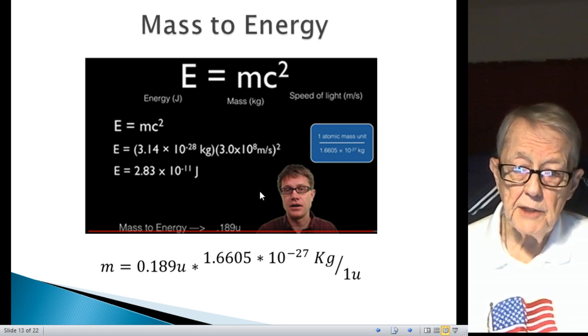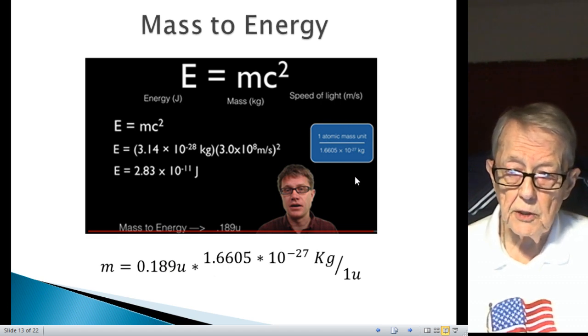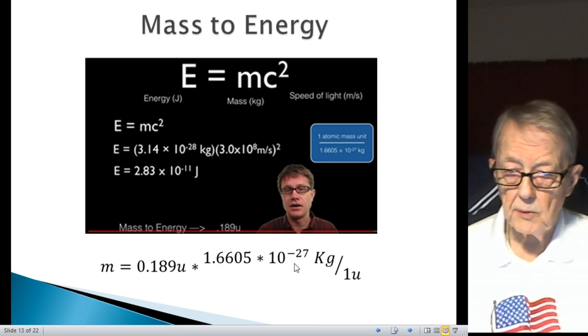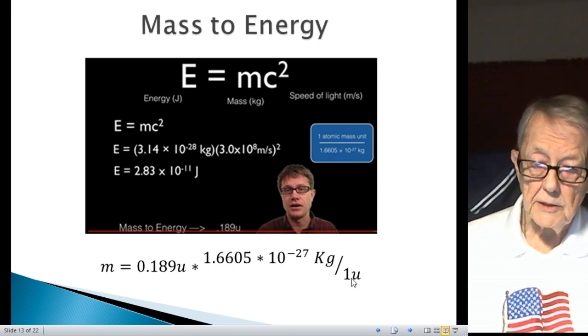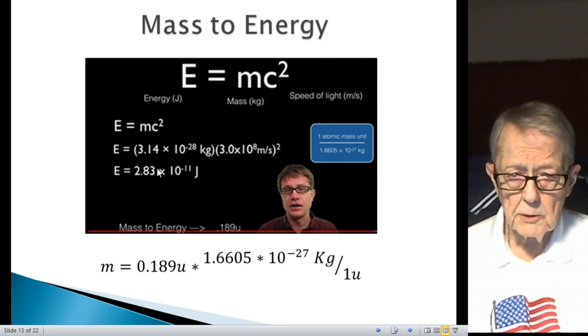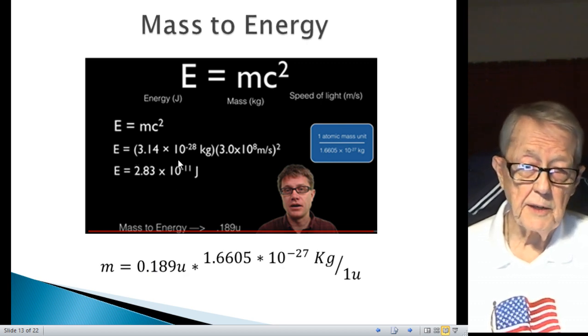Well, the mass is in atomic mass units, not kilograms, and he shows a ratio of 1 atomic mass unit equaling 1.6605 times 10 to the minus 27 kilograms. I turn this fraction upside down, multiply it out, you get 3.14 times 10 to the minus 28 kilograms.